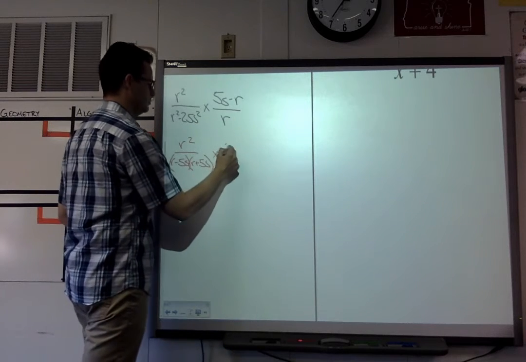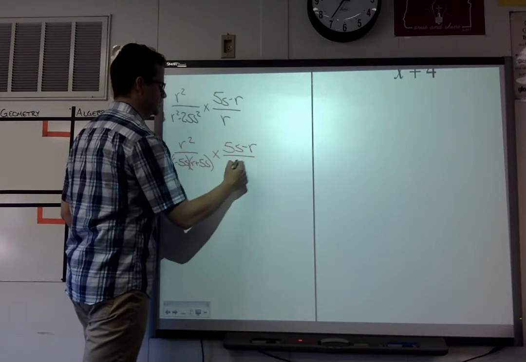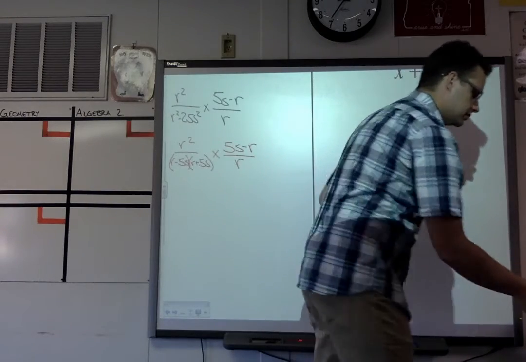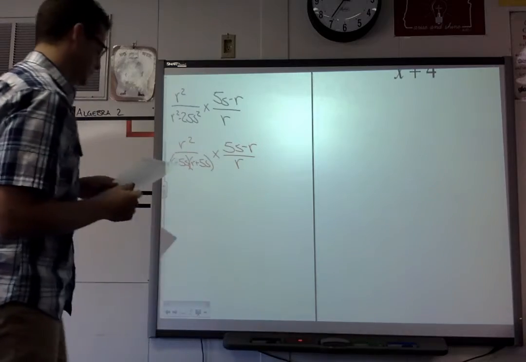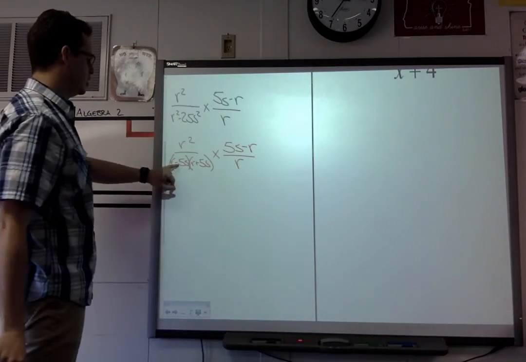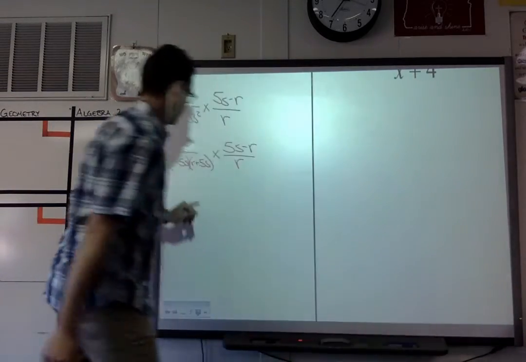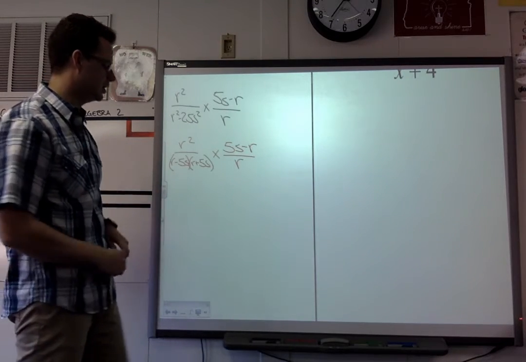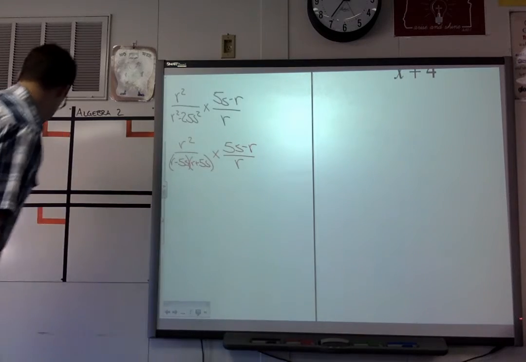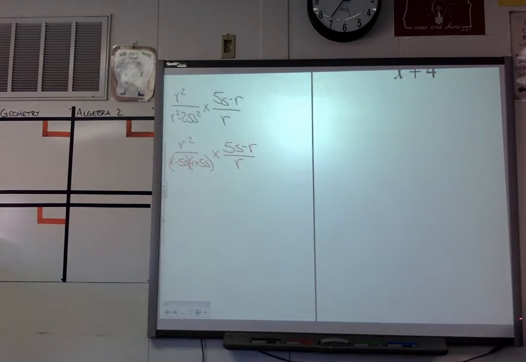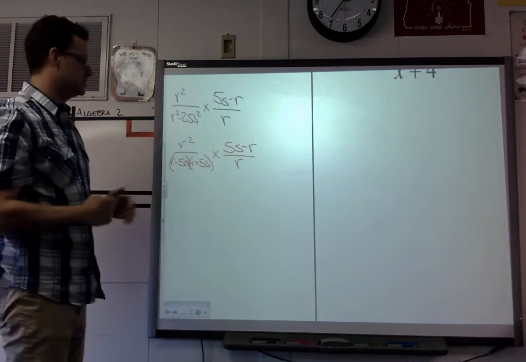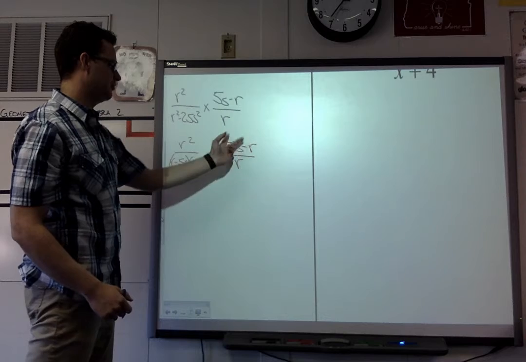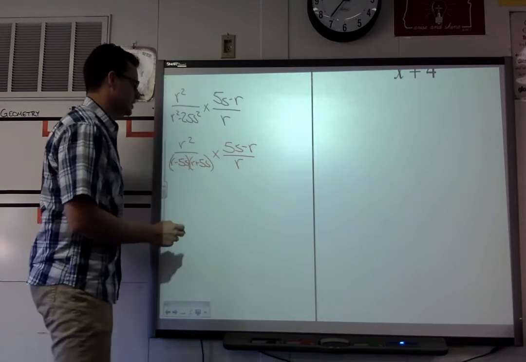Then we're multiplying by (5s minus r) over r. Now in this case, we have r minus 5s and r plus 5s on this side, and over here we have 5s minus r. So in order to get them to match, if you remember back a couple slides, we need to factor a -1 out of here to flip it to be r minus 5s.